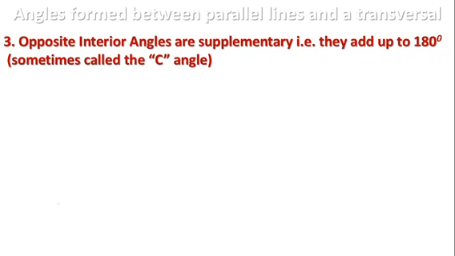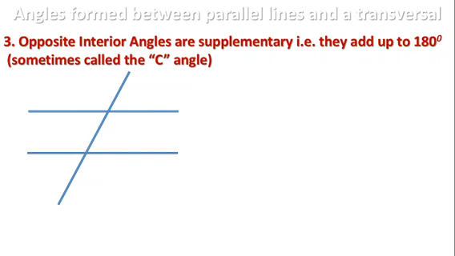We go back to our parallel lines and transversal, and if you trace this line right here and you trace this other line and then this other line, you can see the C formed. Okay, there's a C. Now don't forget we said opposite interior. Interior means the ones inside. Please don't forget that, the ones inside.